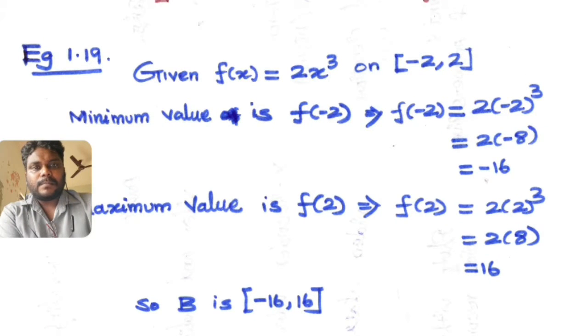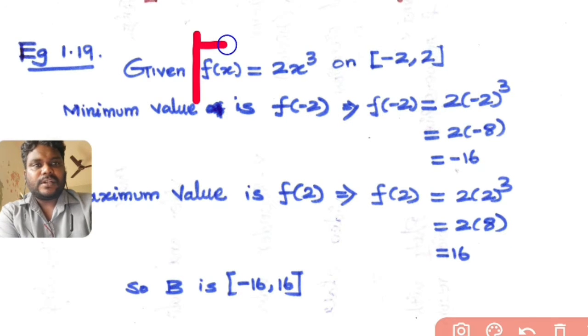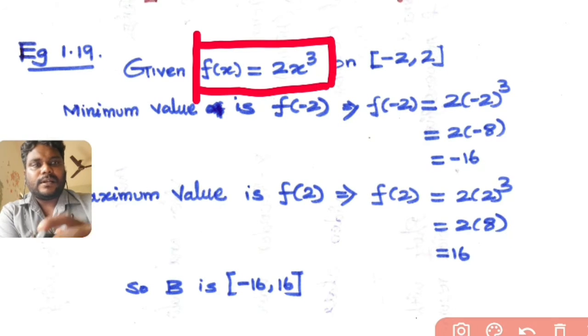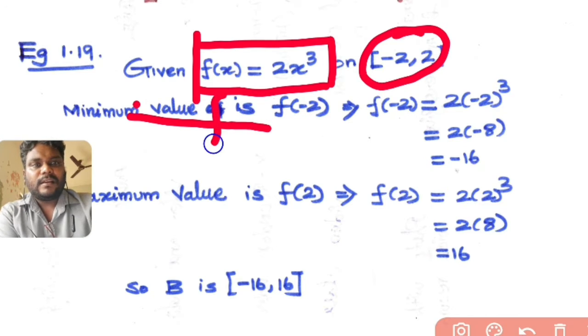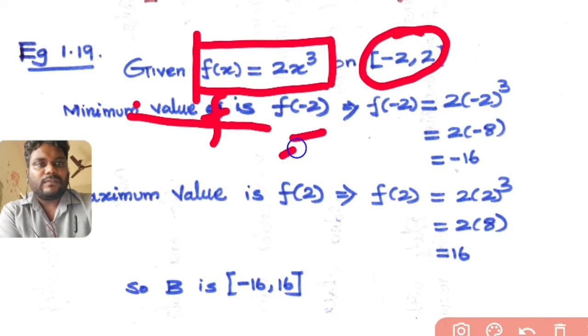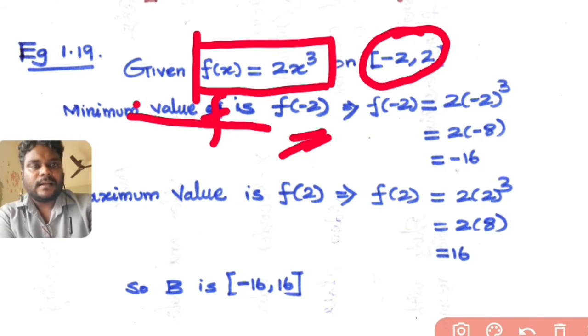Solution of example 1.19. The given function is f of x equal to 2x cube on -2 to 2. The limit is given, so the minimum value of f is f of -2. In the given function we give the x value as -2.